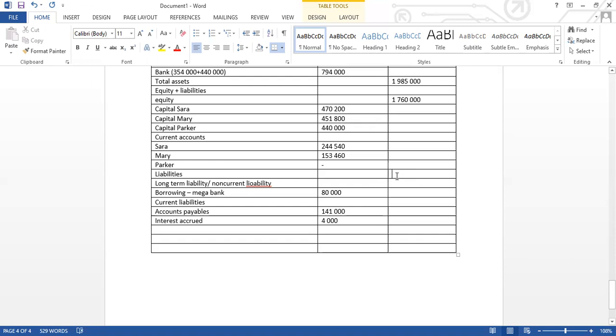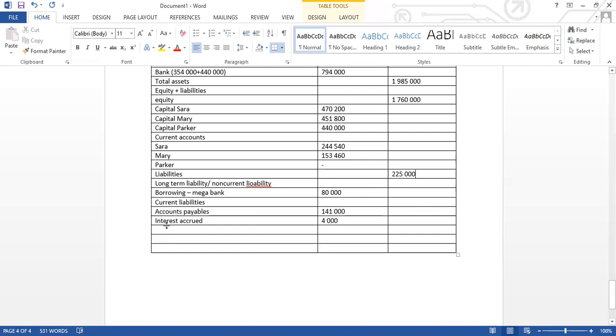I wanted to write under liabilities. What are our total liabilities? Total liabilities are long-term liability plus current liabilities. 225,000. I actually recorded it in a wrong row. That's why I had to erase it.